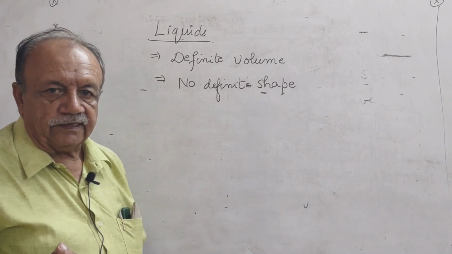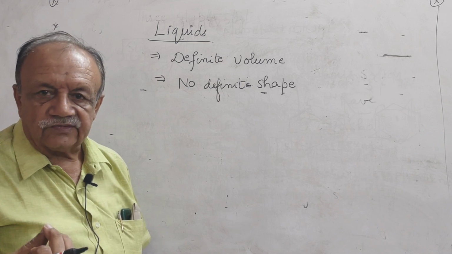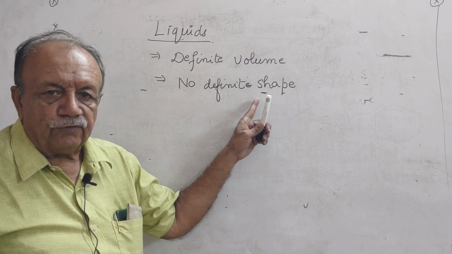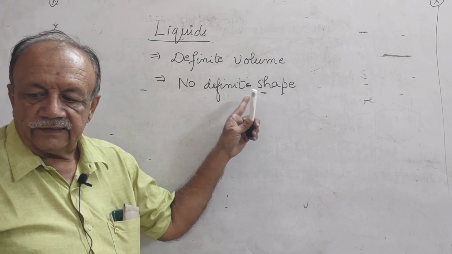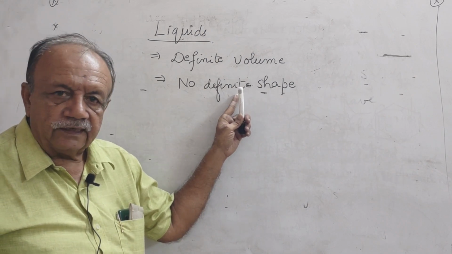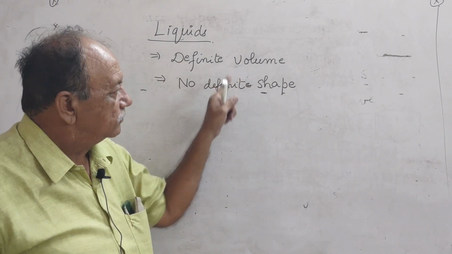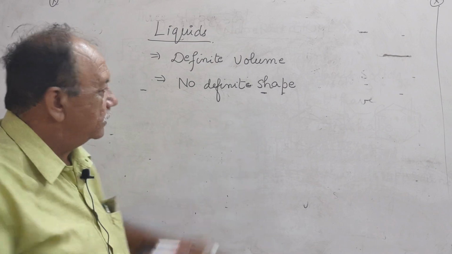You take water, add it in a glass, it gets the shape of the glass. You add water in a beaker, it gets the shape of the beaker. But their volume is fixed, no definite shape.